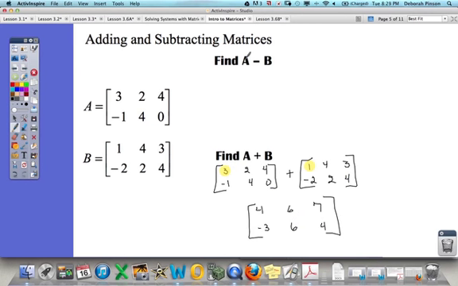Now, subtracting, you do exactly the same thing. Let me write it down. Except you'll need to make sure that you distribute out this negative.